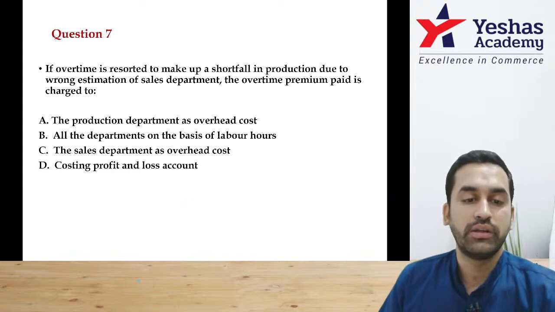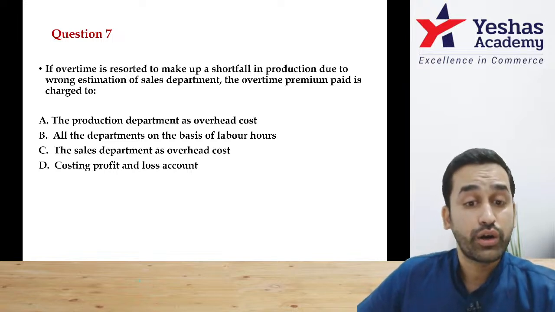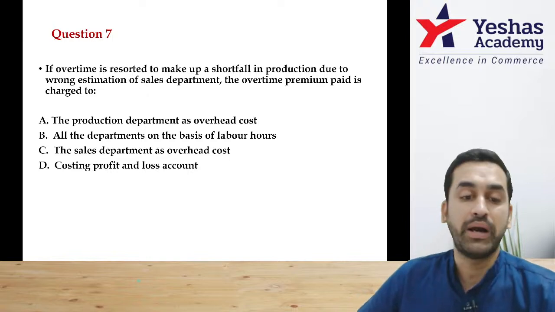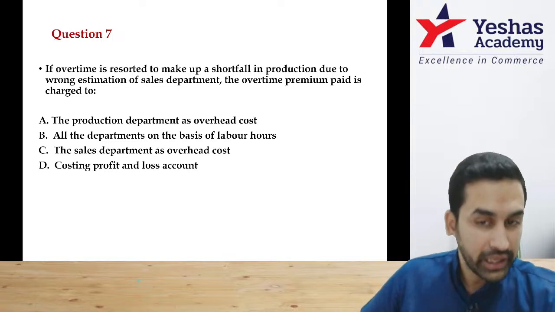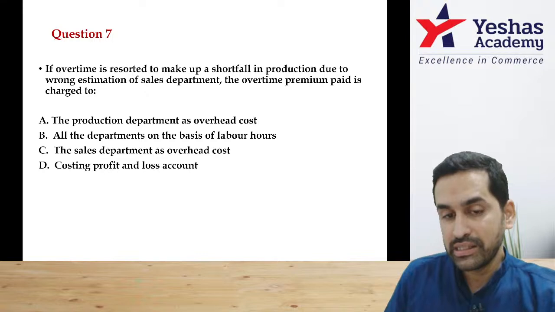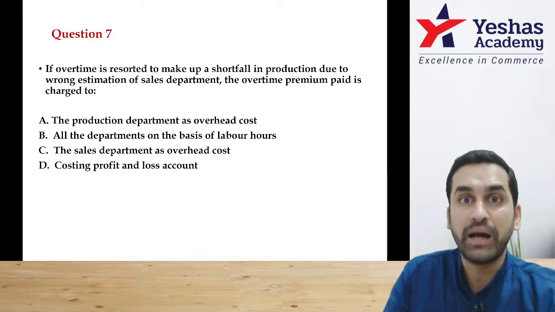Next, question 7. If overtime is resorted to make up a shortfall in production due to, read again, wrong estimation of sales department, the overtime premium paid is charged to, read properly. The wording says it was a wrong estimation done by a particular department.